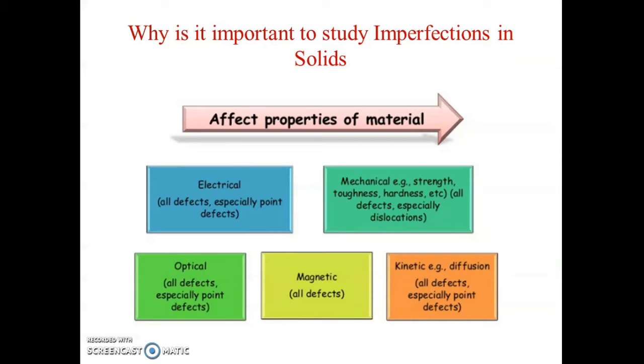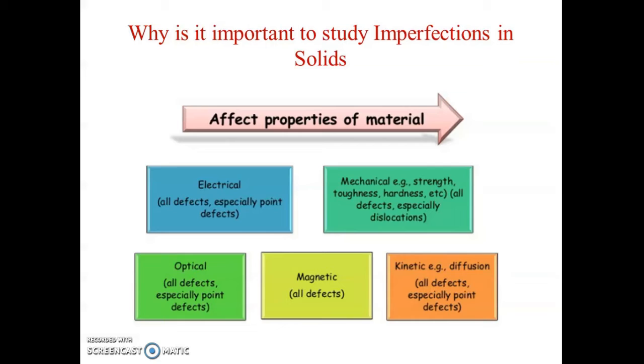We have seen what is a crystal defect or imperfection. Then why do we study it? Why is it important? It is because the properties of crystalline materials are greatly controlled by the extent of imperfections within the bulk of that crystal.